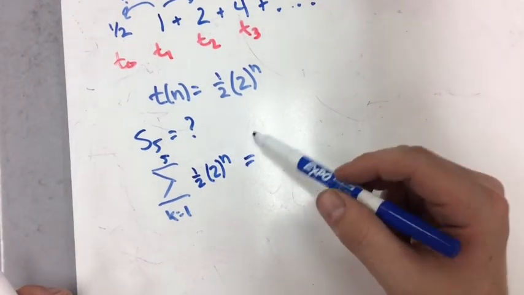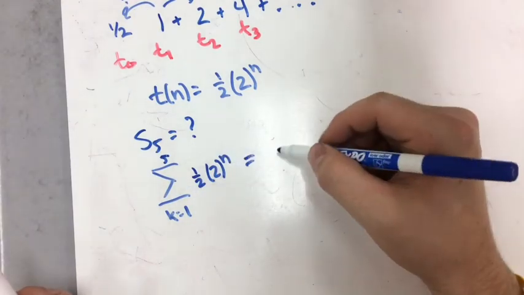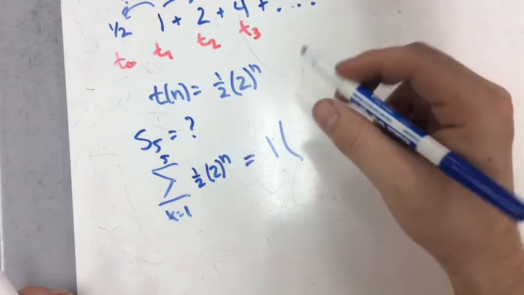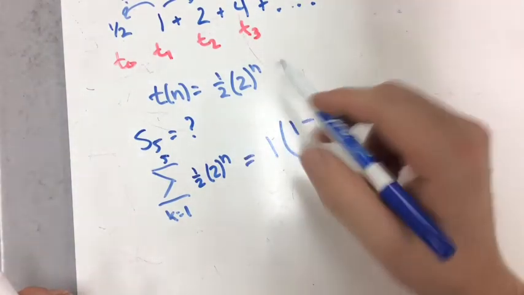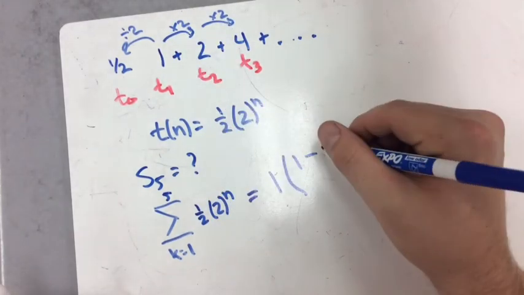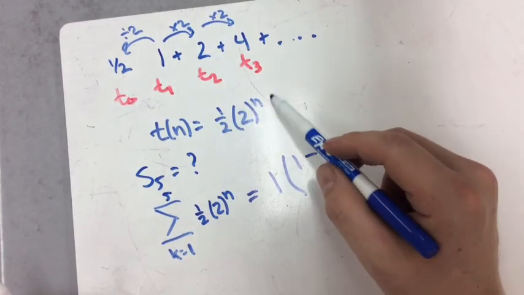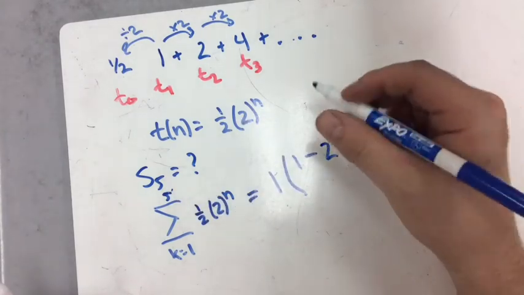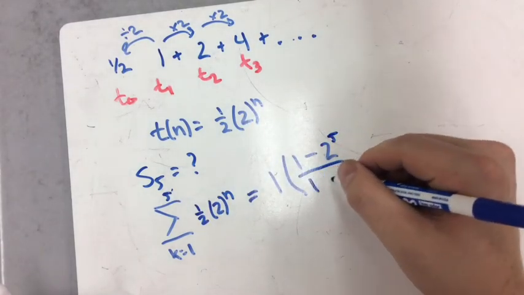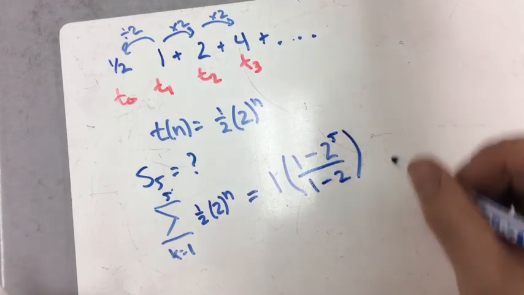So the geometric partial sum says that we take the first term, which is 1, and we multiply it to 1 minus r. R is our ratio or our multiplier, so 2, to the n that we're going up to, which is to the fifth one, all over 1 minus r.